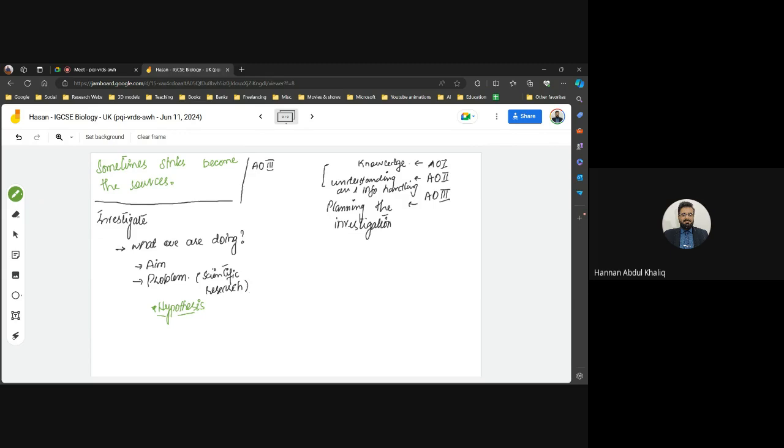But hypothesis is somewhat like, if I suppose, if I say that if light is a limiting factor for photosynthesis, then changing the light intensity would result in change in rate of photosynthesis.